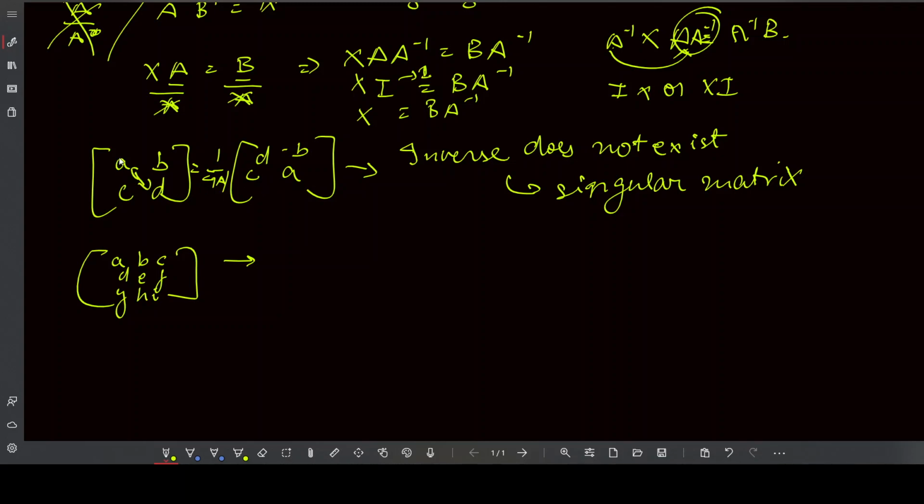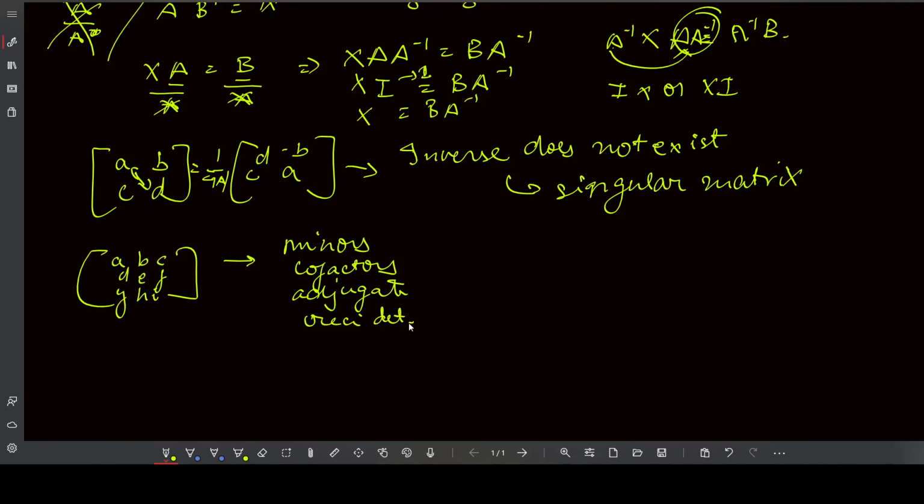So in 2 by 2, you just change A and D's position and you give a negative sign to B and C. In 3 by 3, it's a little different. You have to first find the minors, then you have to find the cofactors, then you have to find the adjugate, and then you have to just multiply it by the reciprocal of the determinant. Okay, reciprocal of the determinant.